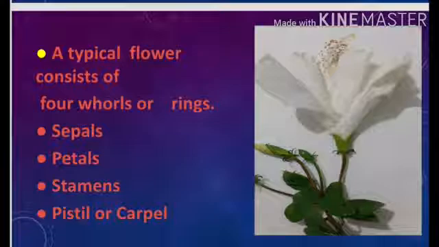Now I am going to show you all the 4 dissected parts of the flower. Number 1, sepals. They form the first ring of the flower, generally green in color, and what is the function? To protect the flower during its bud stage.